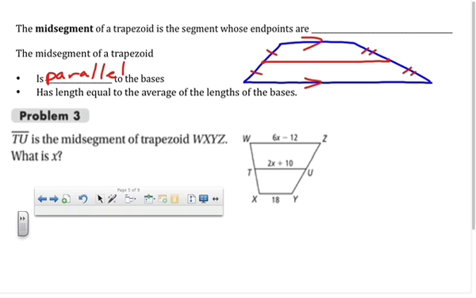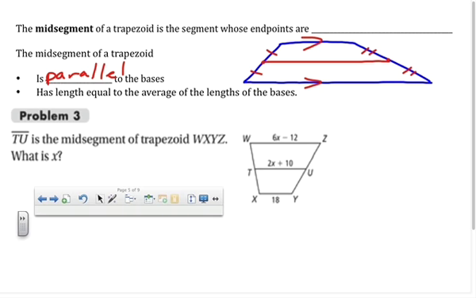And the property dealing with its length isn't quite as obvious to us for trapezoids as it was with triangles, so I'm just kind of giving it to you. Its length is the average of the bases. Okay, so when we were talking about triangles, it was just half of that one other side. Now it's half of the sum of two sides.